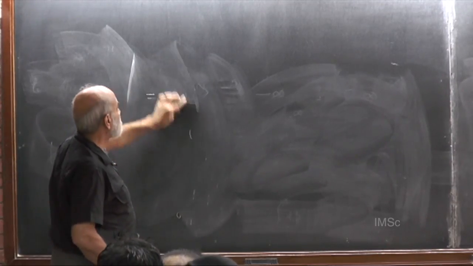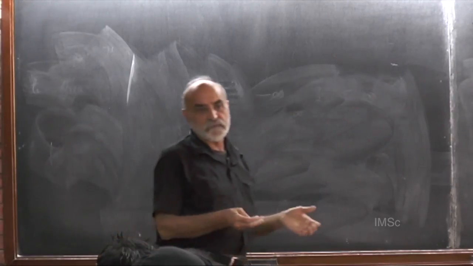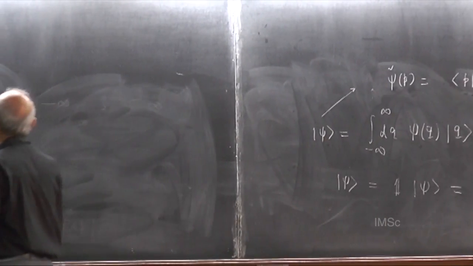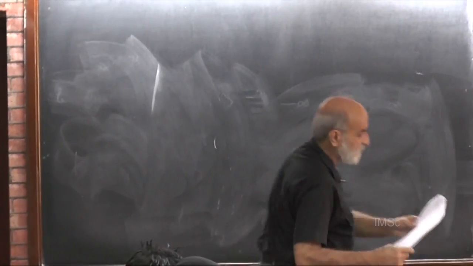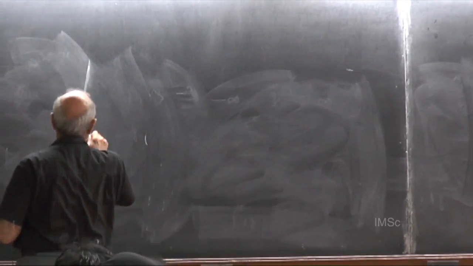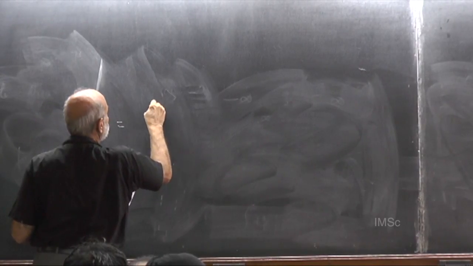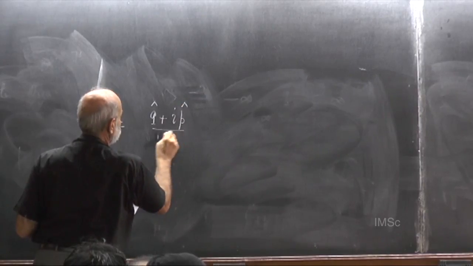Now we can construct out of q hat and p hat other operators, and we will quickly look at what their properties are. You could construct, for instance, operators with 1 over root 2, things like that. So I can construct operators which I will call complex combinations of q hat and p hat.